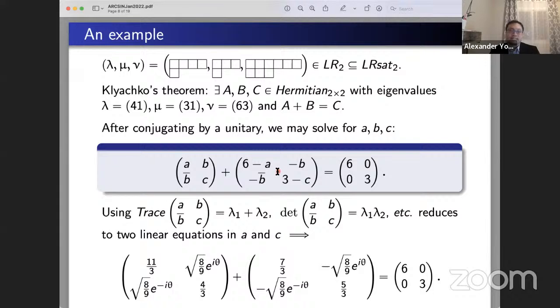It turns out that only the amplitude of b matters, so when you solve it you end up with a complete parametric solution depending on this argument theta. All of the possible solutions are obtained by conjugating everything by a unitary matrix. Okay, fine, so I could do that.